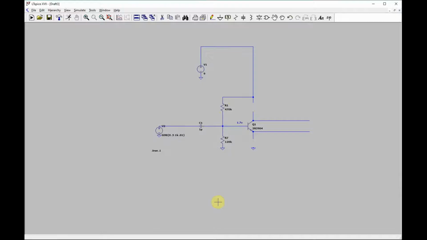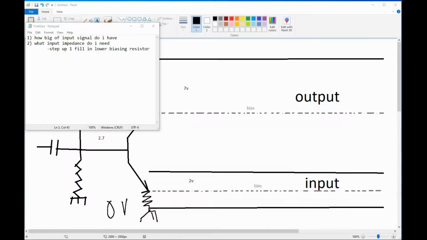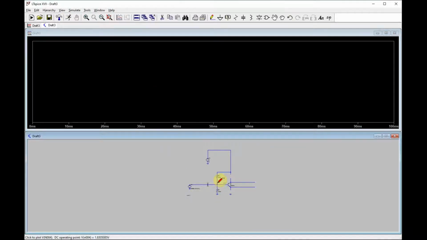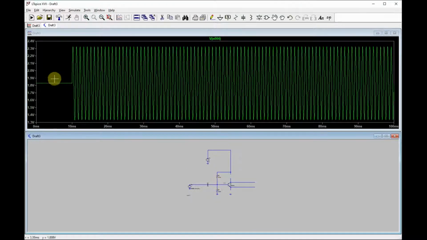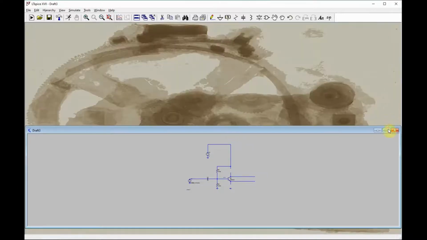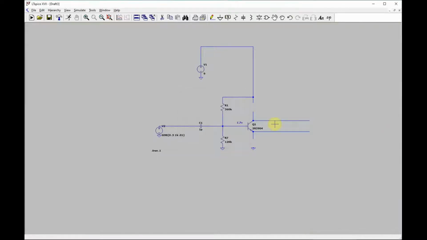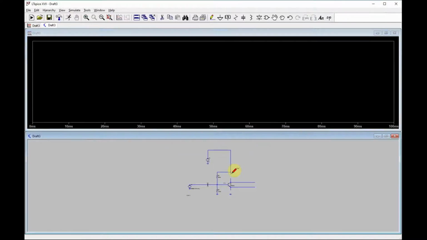You could do this many ways, but I'm just going to wing it here. Well, that's not too bad. See, 1.8. So if I have 60K, I'm just experimenting here.